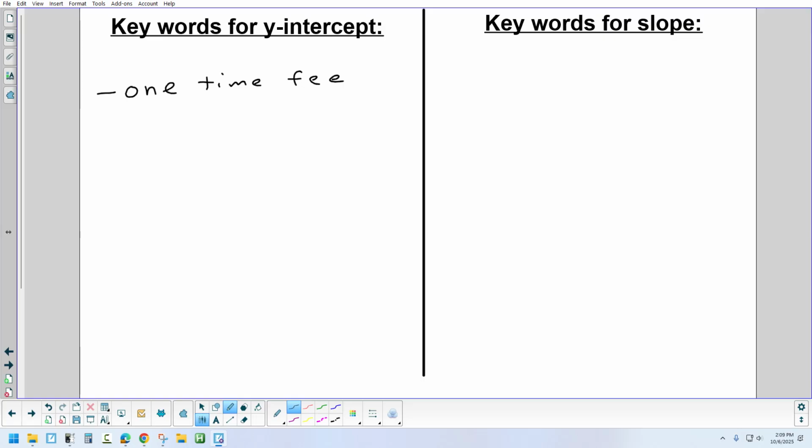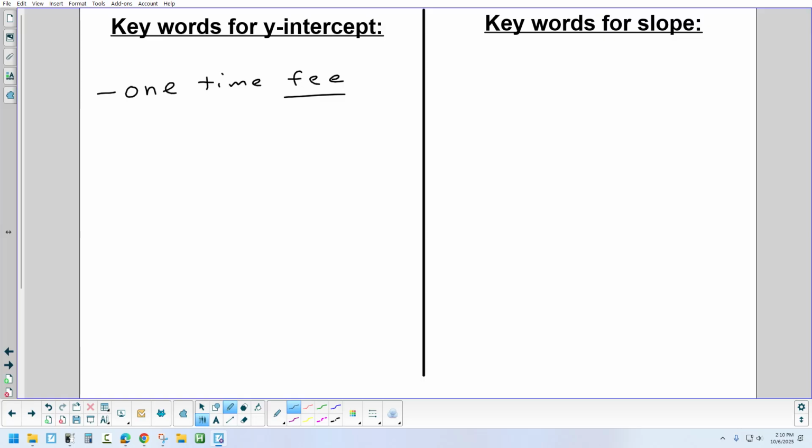What else? A lot of the problems that you're going to do in your notes, they talk about some kind of fee. Activation fee, a one-time service fee, a one-time membership fee. Those are all fees. Like if you join a club and you pay a membership fee to join, that's usually just one time, right?